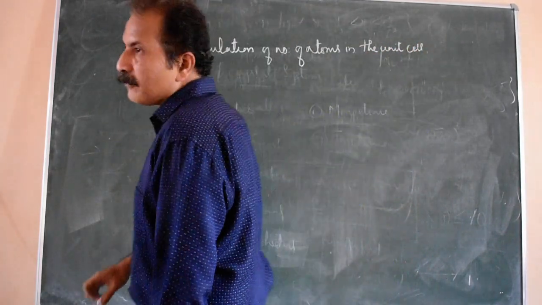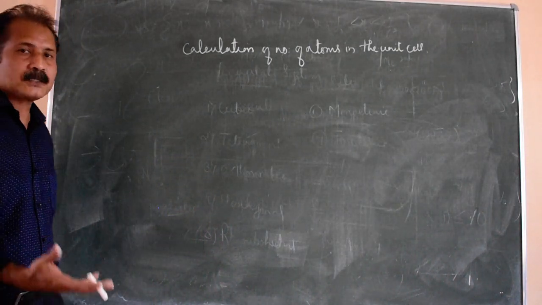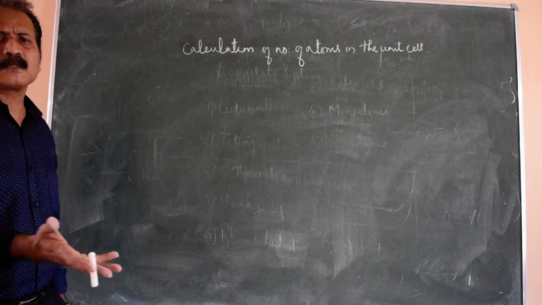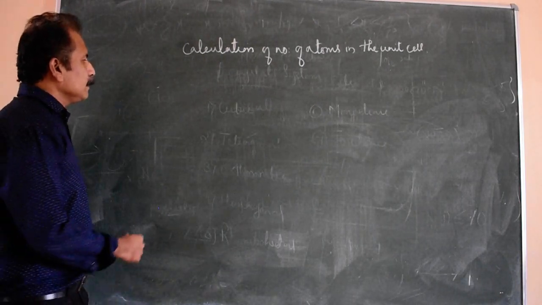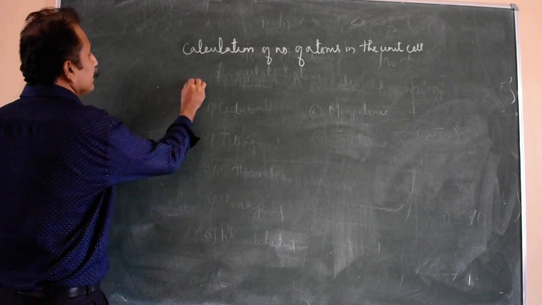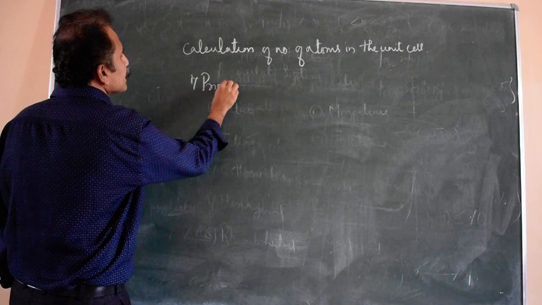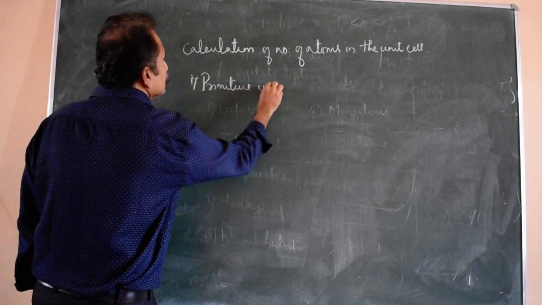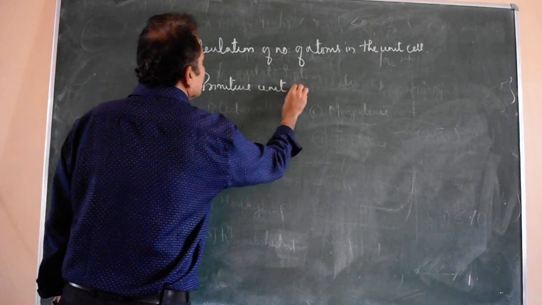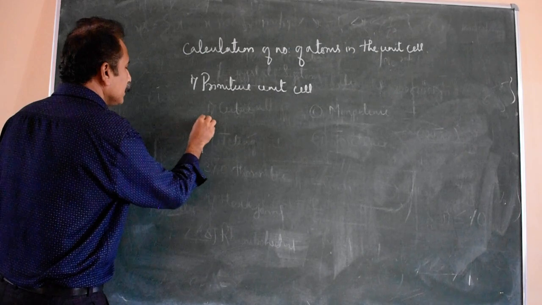The calculation of number of atoms in the various types of unit cell, that is BCC, FCC. Fine. Now if you take the primitive, first one, the primitive unit cell, right? So what is a primitive unit cell?